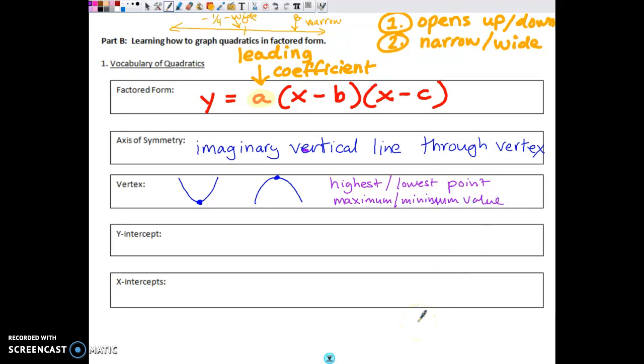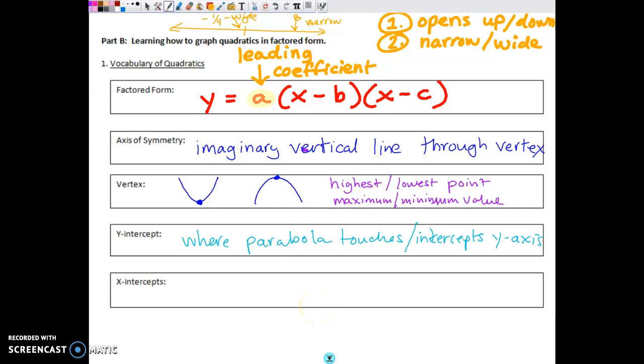Okay. Y-intercepts you should know from the first or second chapter. It's where the parabola touches the y-axis. And then we're going to call it intercepting y-axis.